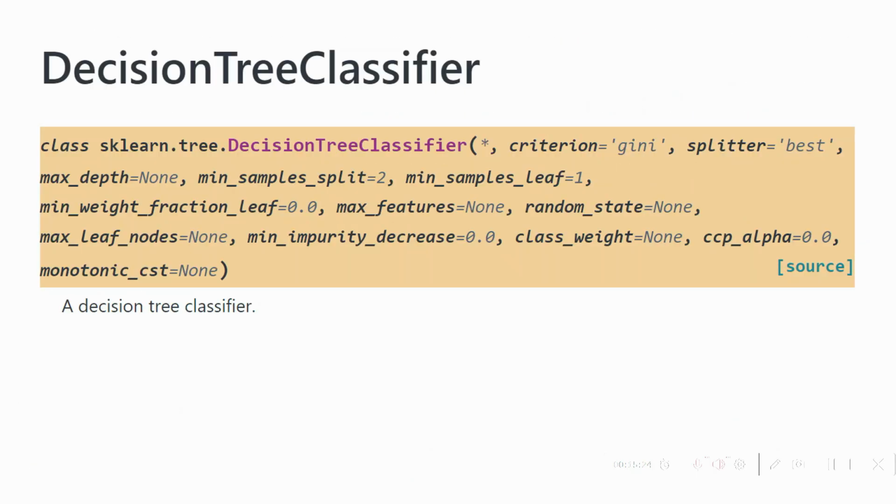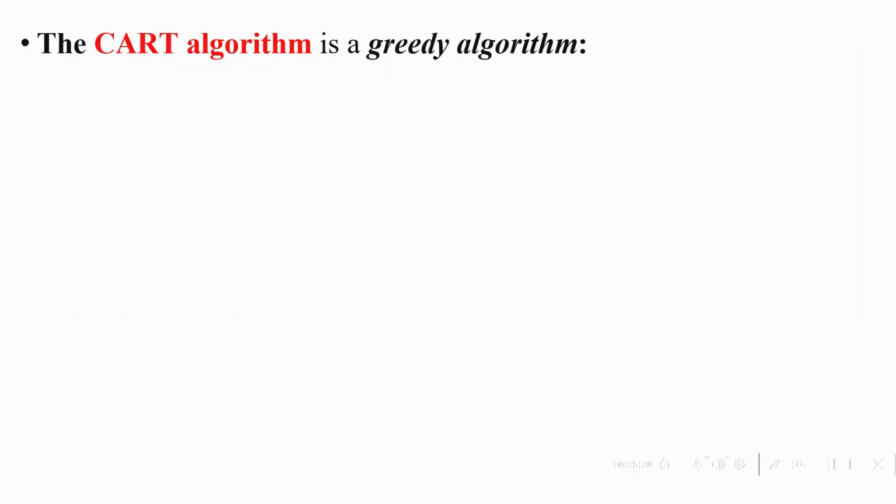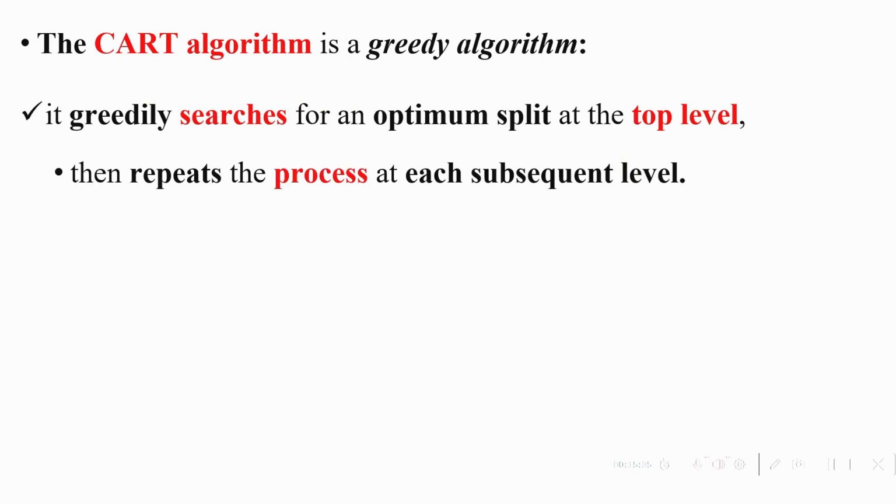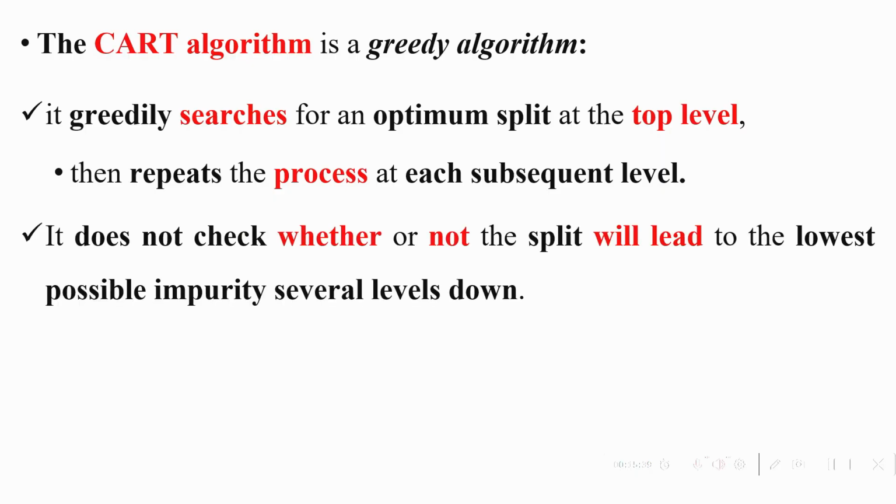Now the CART algorithm is a greedy algorithm. It greedily searches for an optimal split at the top level, then repeats the process at each subsequent level. It does not check whether or not the split will lead to the lowest possible impurity several levels down.